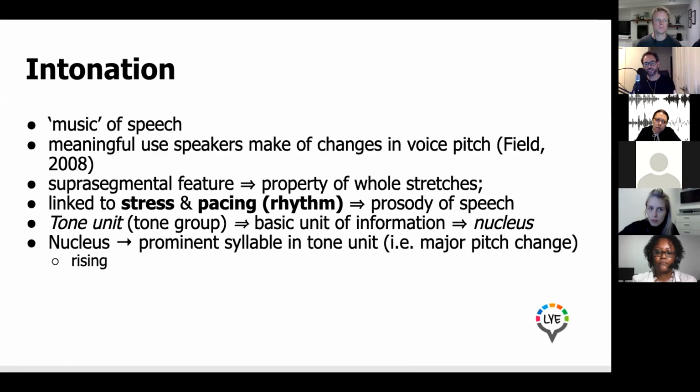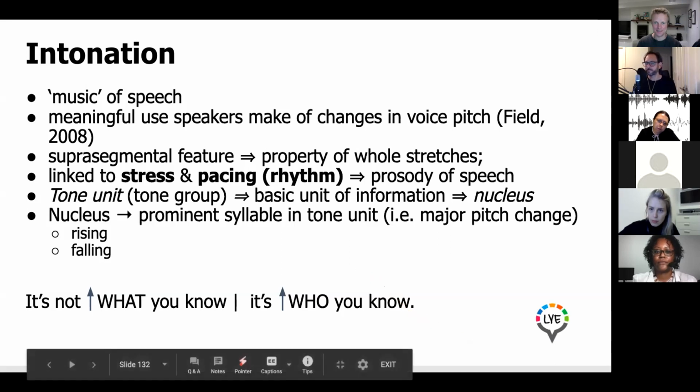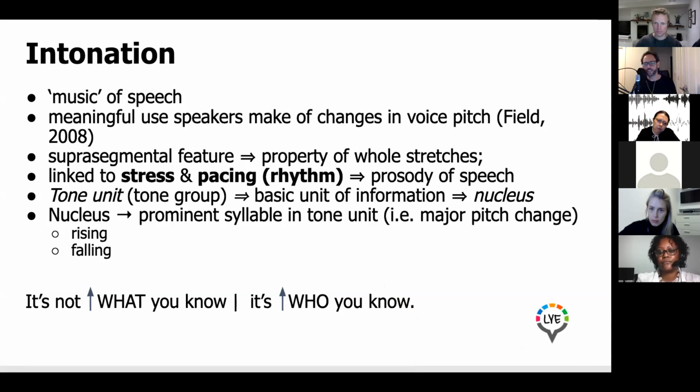These changes are what my students like to call the ups and downs of English, or rising pronunciation and falling pronunciation. So here's an example of how you can make this more visual. It's not what you know, it's who you know. This is an example of how you can make intonation a little more visual, and I haven't seen a textbook that deals with pronunciation in this way.